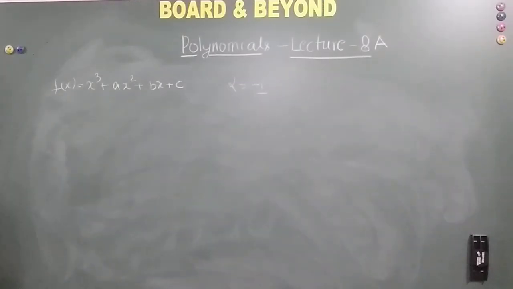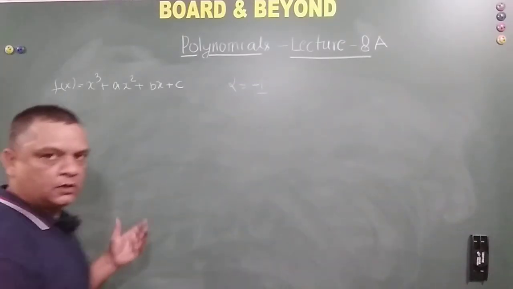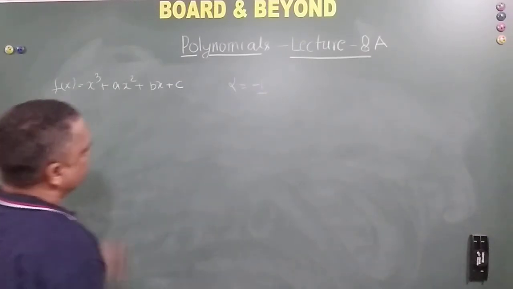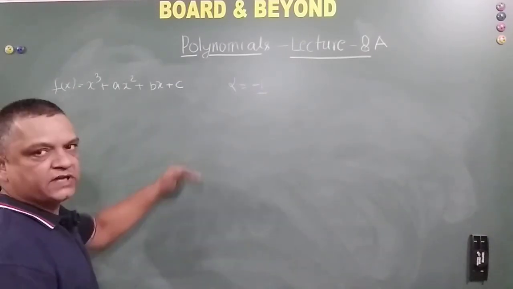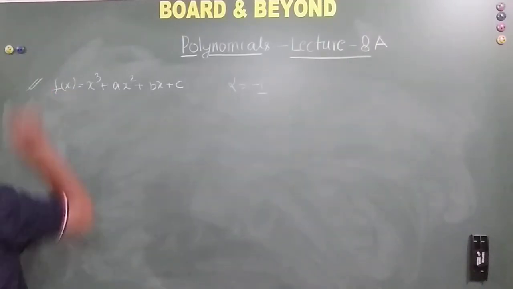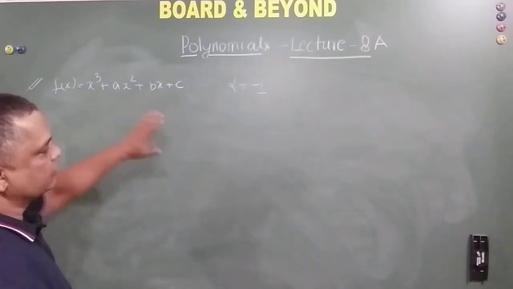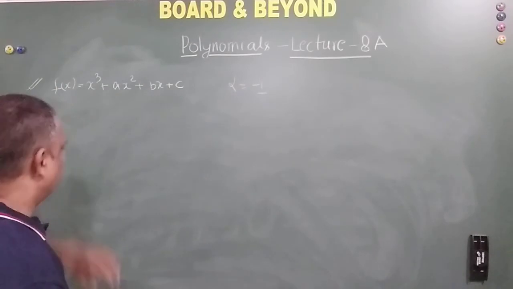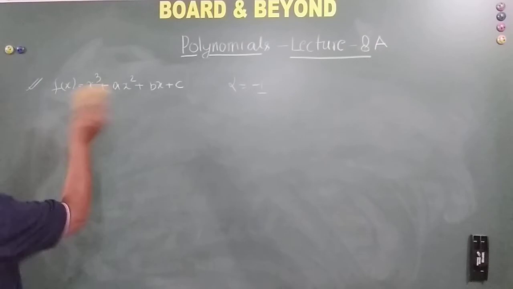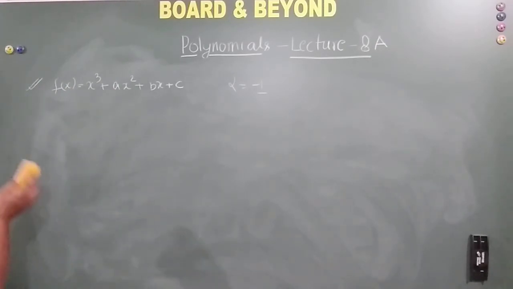We need to find the product of the other two zeros. Okay, product of the other two roots, right? Now friends, just now we did a problem of this kind, so you try it at your leisure time. I'm not going to do it again. Please try it, right? We will move on to the next one because this you can always do.